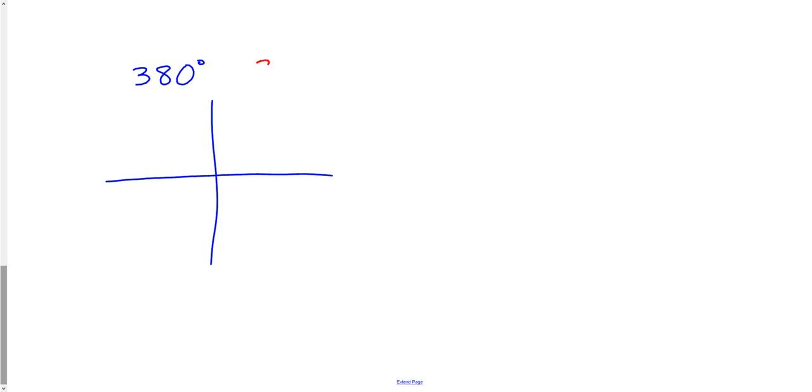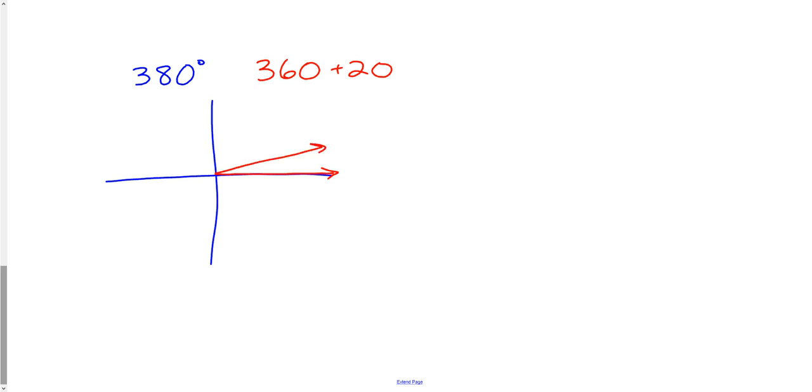380 is the same as 360 plus 20 more, right? So if I want to show someone 380 degrees, that means I take my terminal side and swing it around and do one full revolution, but then I go an extra 20 degrees. So 30 is kind of low, so 20 should be a little lower.